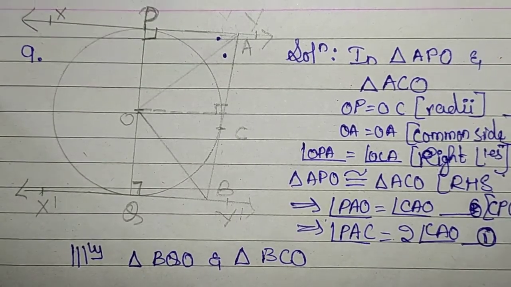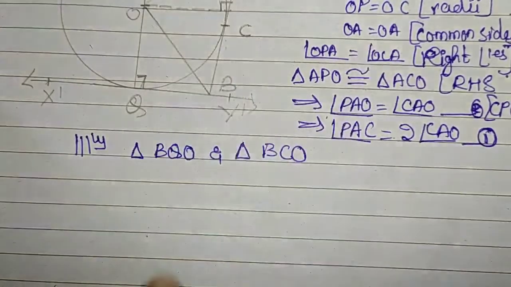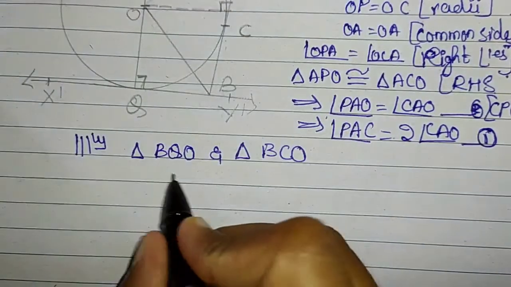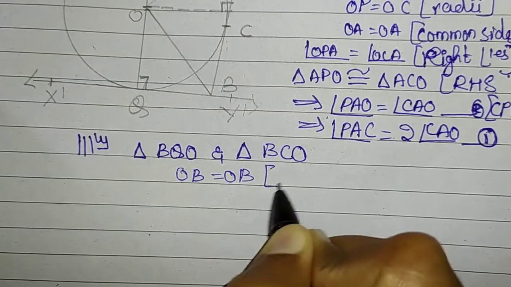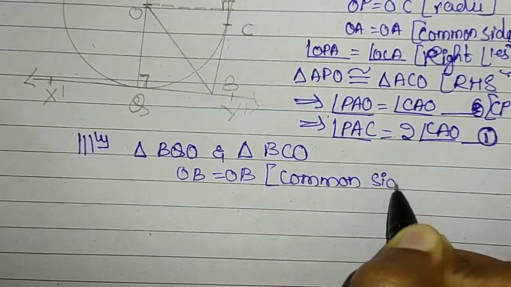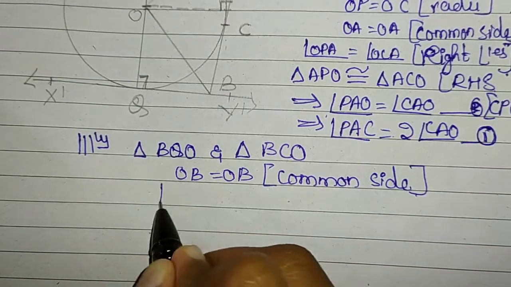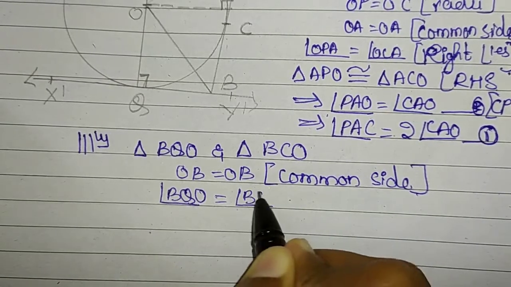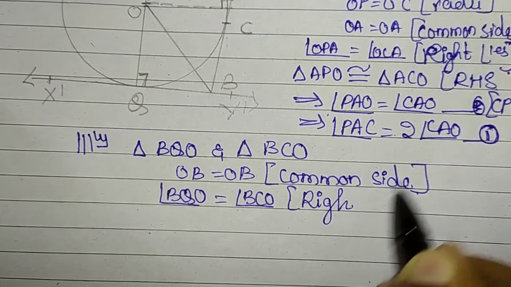Why? Think about it. Now coming to the triangles at the bottom part, that is triangle BQO and triangle BCO, following the same logic. OB is equal to OB, common side. Then angle BQO is equal to angle BCO because they are right angles.